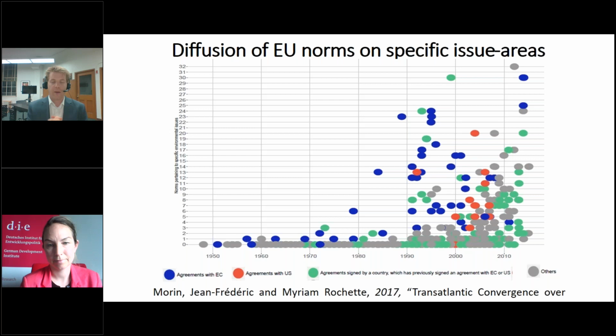By issue area, I mean water, deforestation, air quality, birds, GMO, fisheries, ecotourism, endangered species, and so on. Typically, EU agreements will cover several different issue areas, while the US will address the environment in general. Until recently, when the US increasingly follows the EU model, if you want, and addresses specific environmental issue areas in its trade agreements.